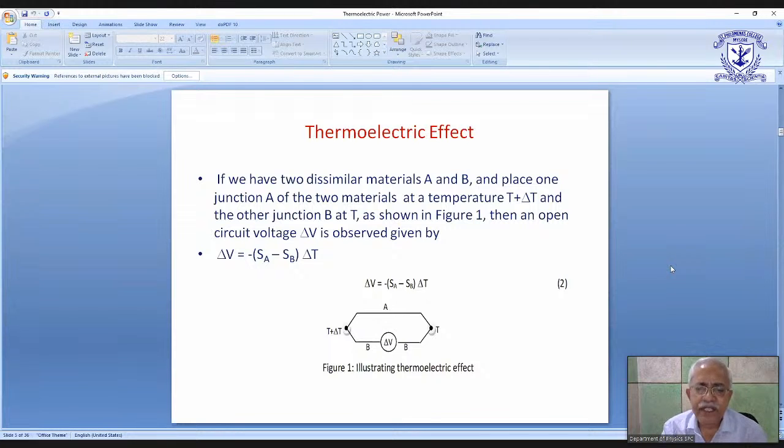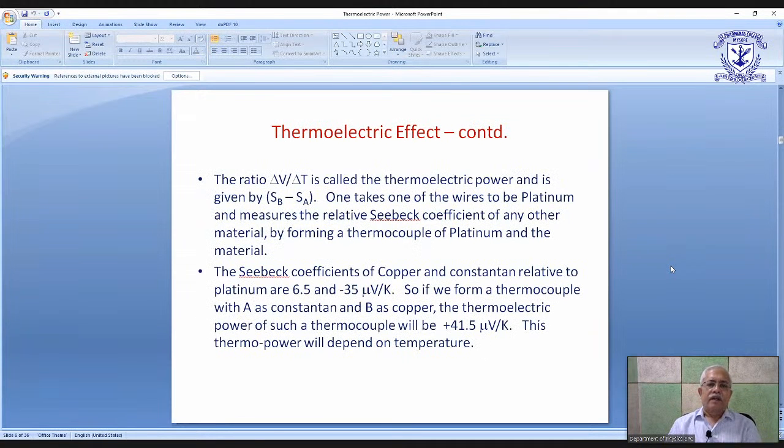So you understand why in a thermocouple we must have two different materials making the thermocouple. So as I said before, the ratio delta V by delta T in the limit delta T going to 0 is called the thermoelectric power, and its value is given by SB minus SA.